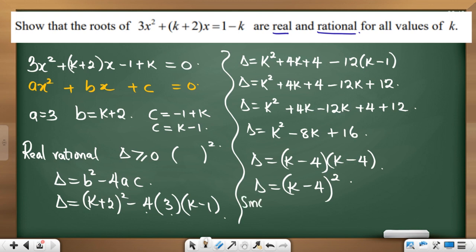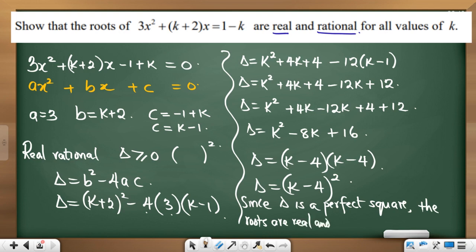So since the discriminant is a perfect square, the roots are real and rational for all values of k.